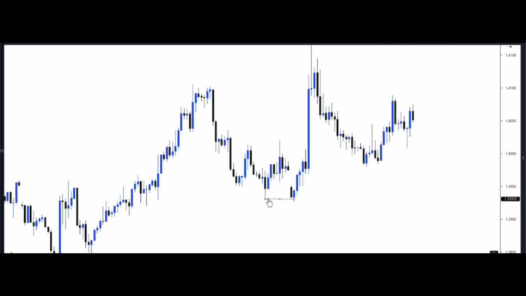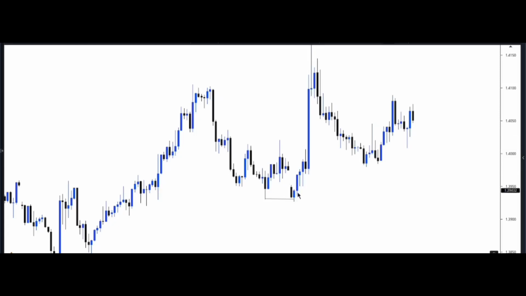For example, let me show you what I mean by a swing high. Look at this candle here, this one. Okay? This candle printed the highest high here. Now, the candle to the left of this candle that produced the highest high has a lower high, and the candle to the right also has a lower high. So this middle candle that produced the highest high, that's a swing high.